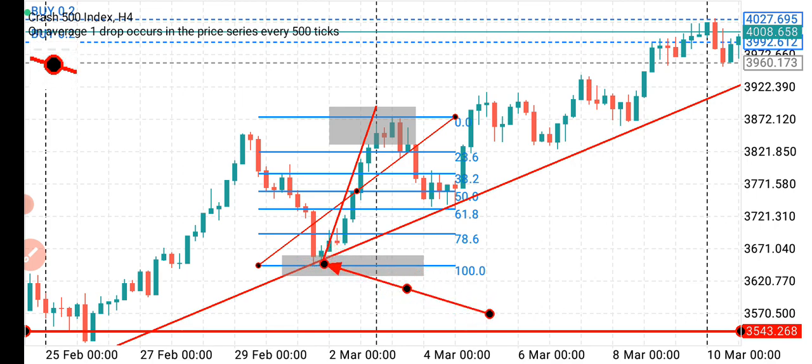This move starts from here, from this low, this higher low to this higher high, and then price began to retrace. So when the price broke the level of 23.6, it confirmed to us that the retracement has commenced, and then it keeps on moving until it gets to the level of 50.0.